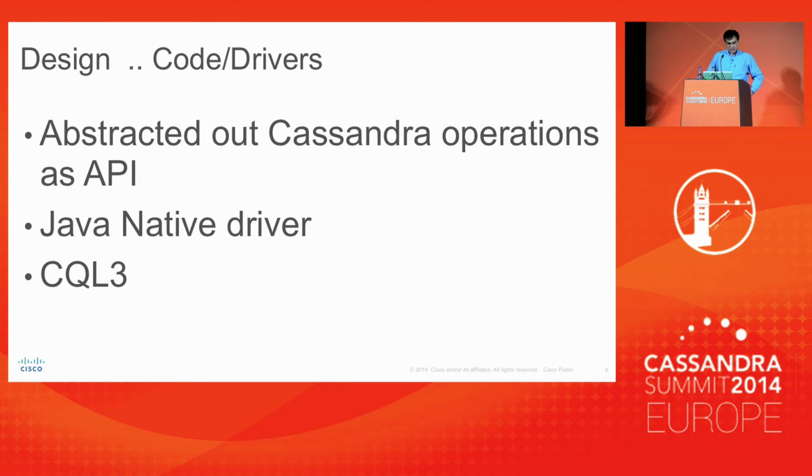On the code, we split it out by taking our Cassandra operations out. We didn't do that immediately, but soon we saw that the code was getting a little bit infested with this. It also didn't work out with our plans if eventually we want to remove or change our technology. We wanted to abstract that.